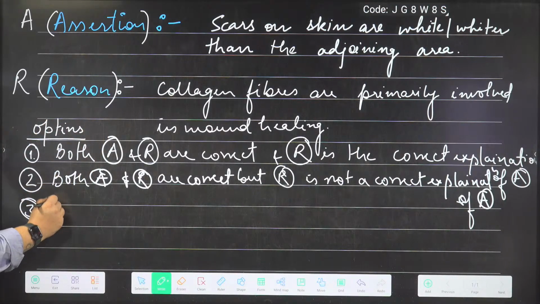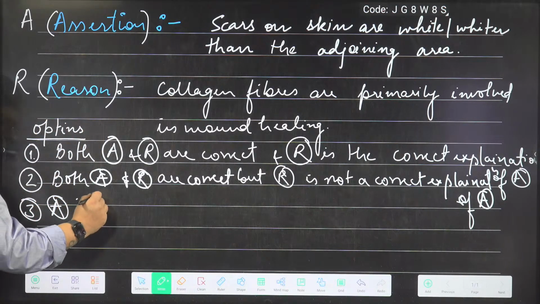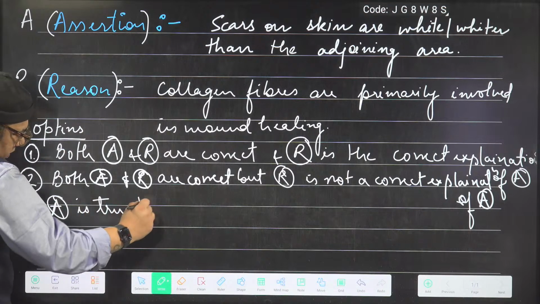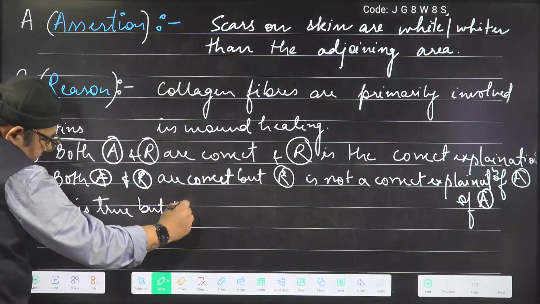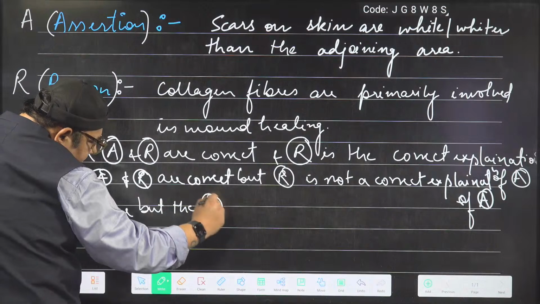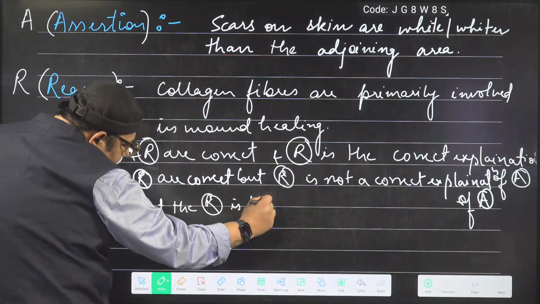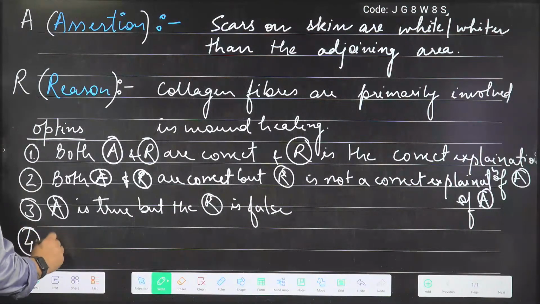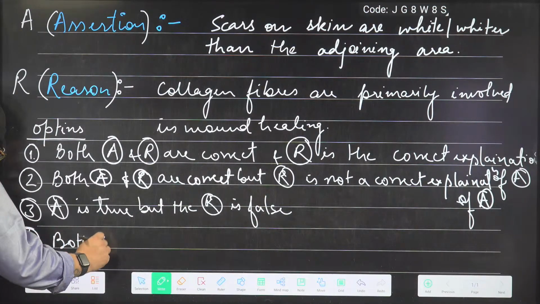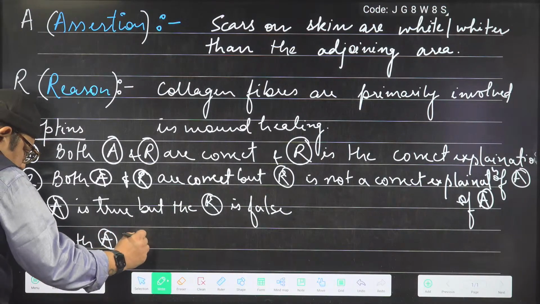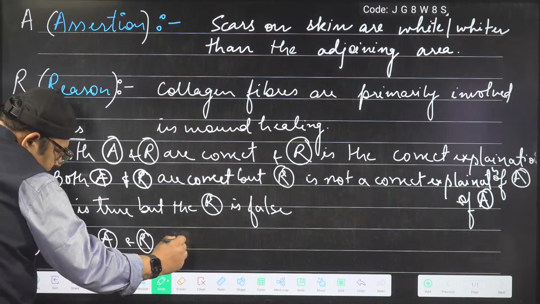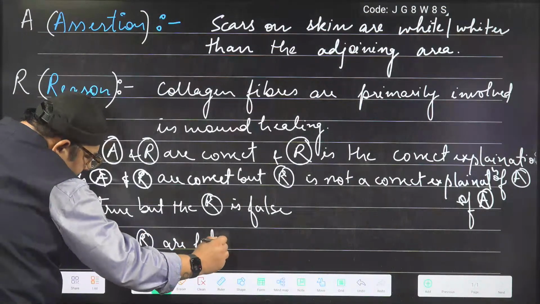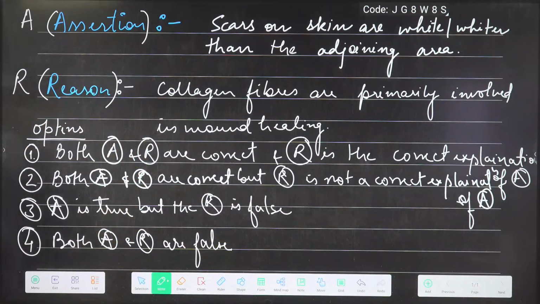Option number 3: assertion is true, but the reason is false, it is untrue. Option number 4: both assertion and reason are false. Now this is the pattern of assertion reasoning questions.